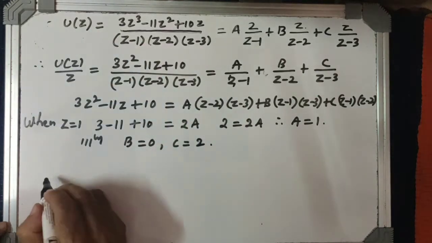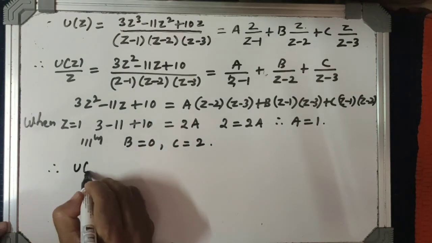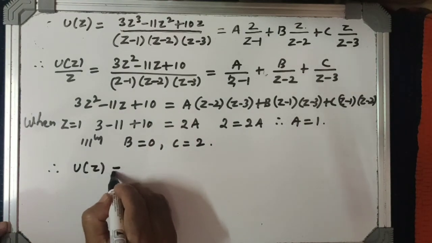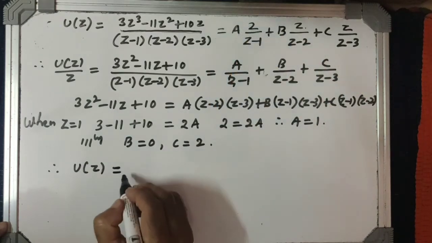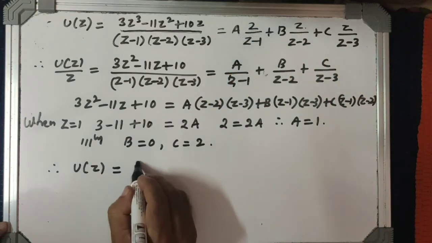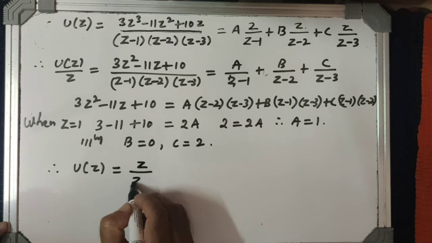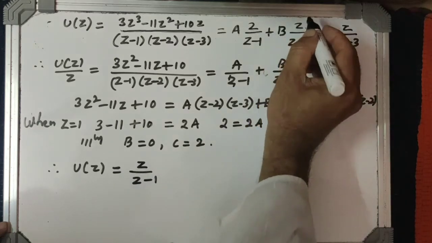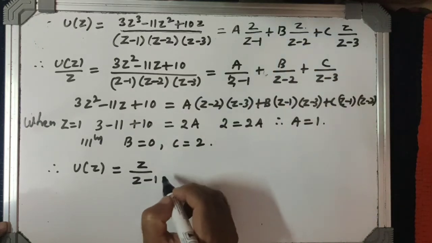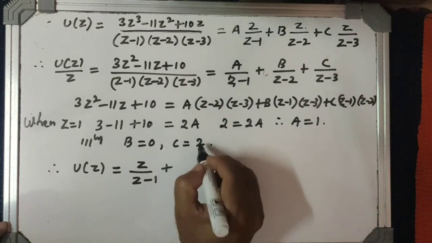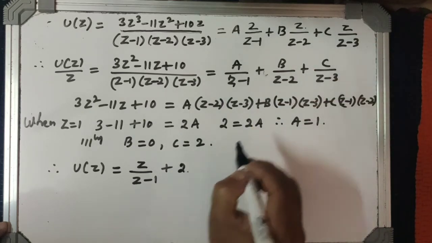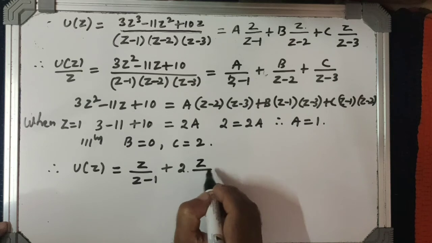Therefore U(z) can be written as a into z by z minus 1. A is 1, so z by z minus 1. B is 0, 0 into anything is 0, so the second term is 0, plus c is 2 into z by z minus 3.